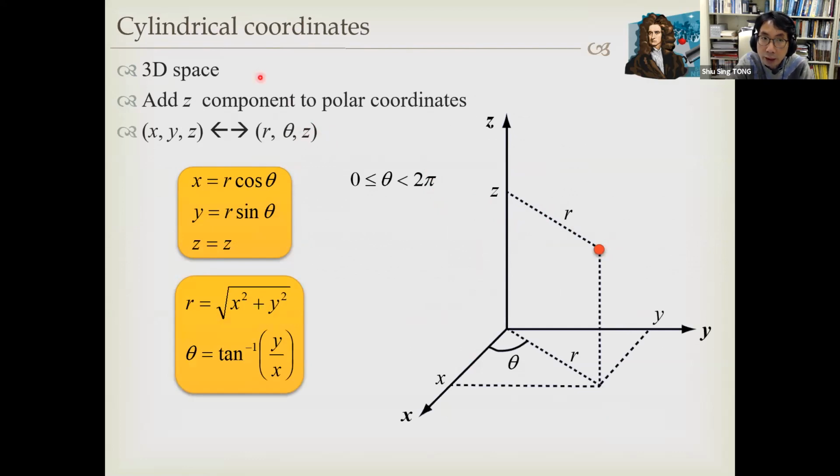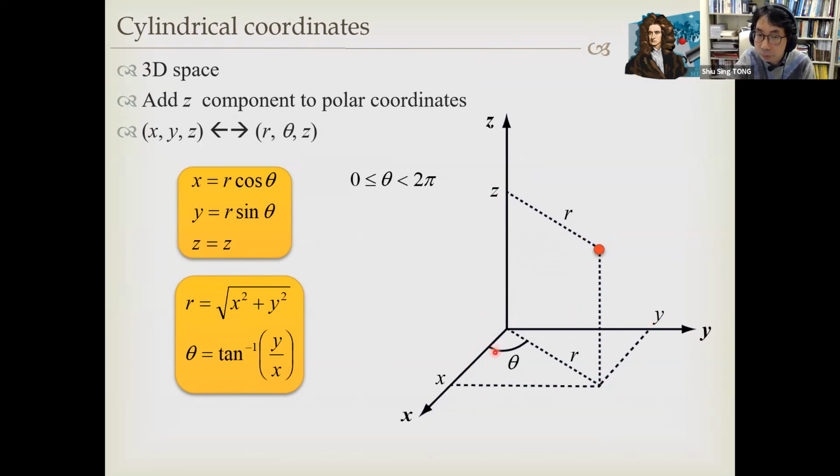Now, a cylindrical coordinate, as I say, is a straightforward generalization of the polar coordinate. We just add the z component. Now this point is in three-dimensional space. It is not on the xy plane, but it's different from our previous discussion only by a certain height above the xy plane, right? So we just use another coordinate, that is the z coordinate, to describe the height. Okay, so we have the z coordinate here, and when I project this point on the xy plane, I can resolve this point into x and y components just like what we did for the polar coordinate system.